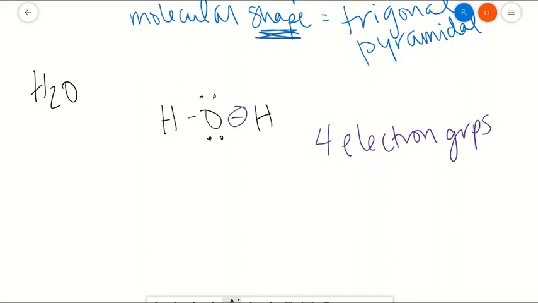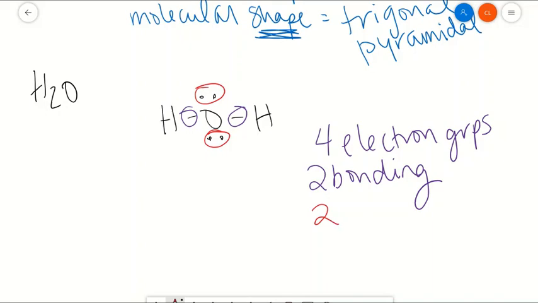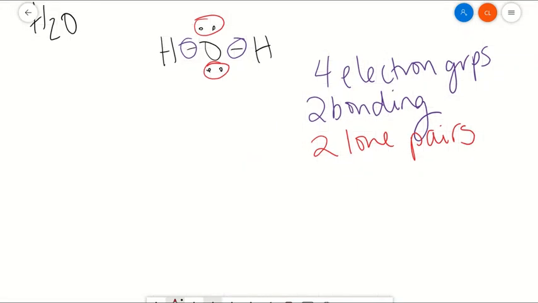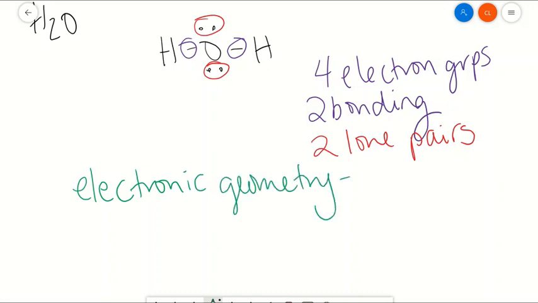Then we want to see how many are bonding, 2 bonding, and how many are lone pairs, 2. So then our electronic geometry is still tetrahedral.